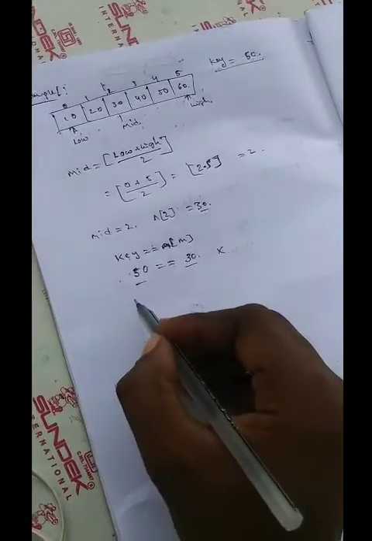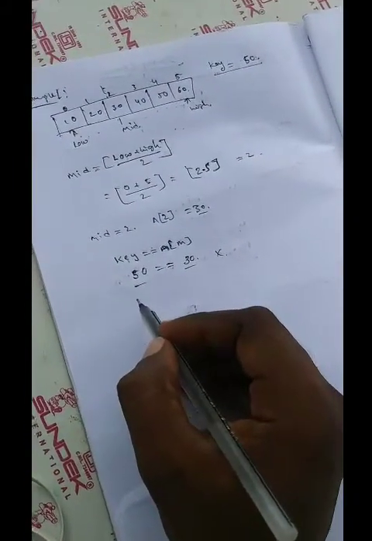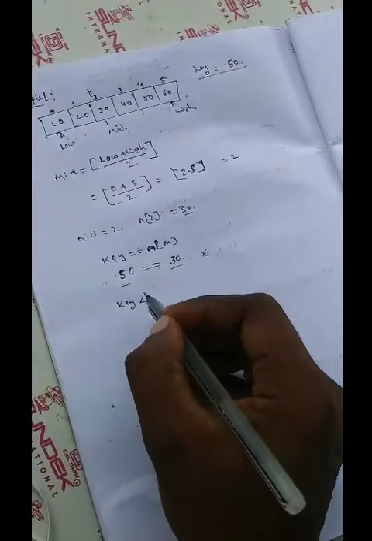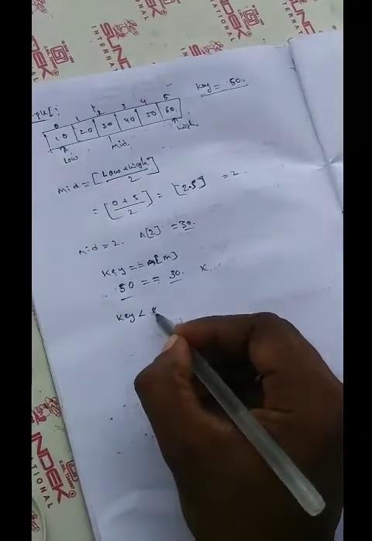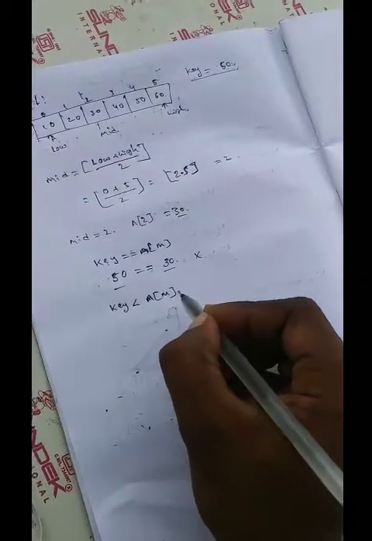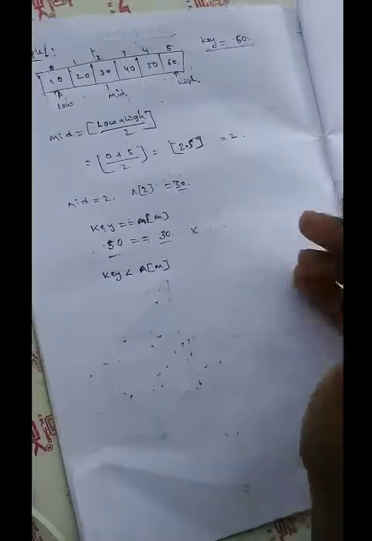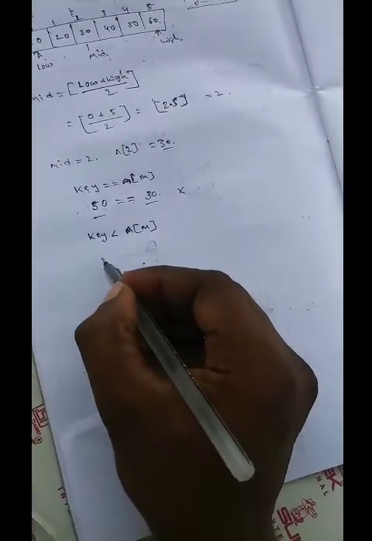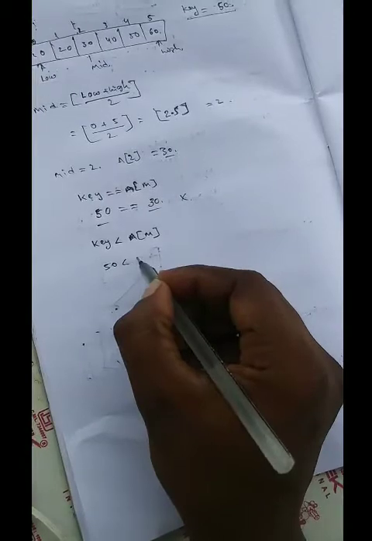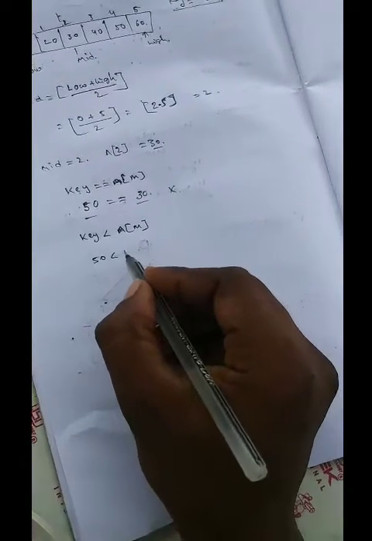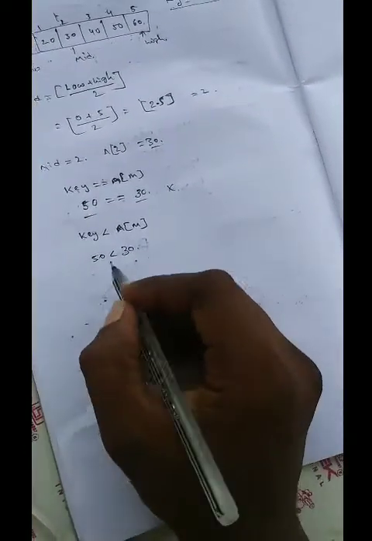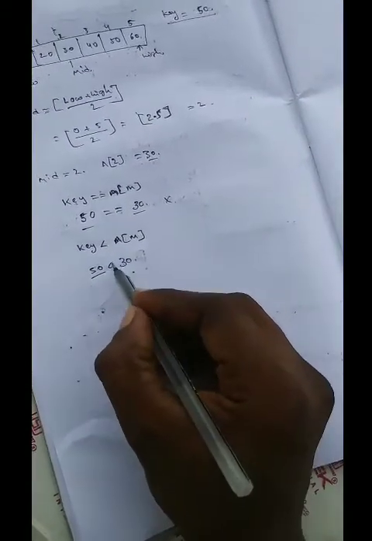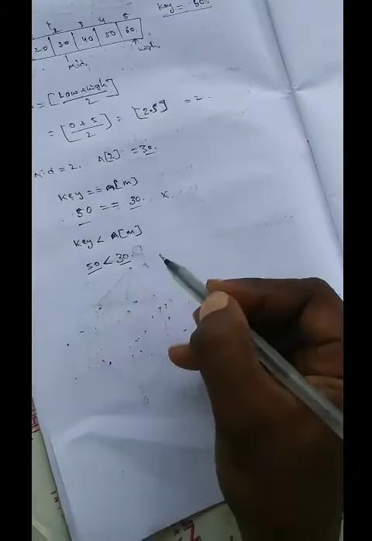So we go to the next condition: key less than A of mid. The key value 50 is less than the middle element 30? No, the key is not less than the middle element.